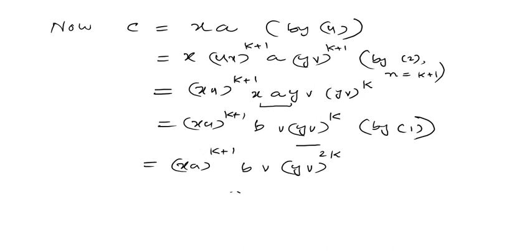Then it will be first yv, then it will be vy now. It should be now vy power k, then v. So vy power k then v. Okay, vy is actually idempotent. Yes, is it vy or yv idempotent?